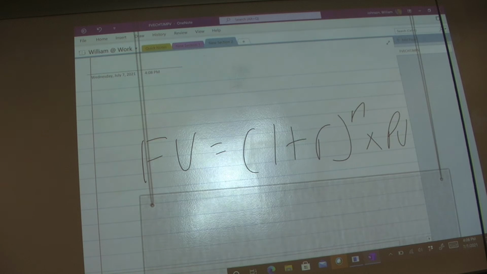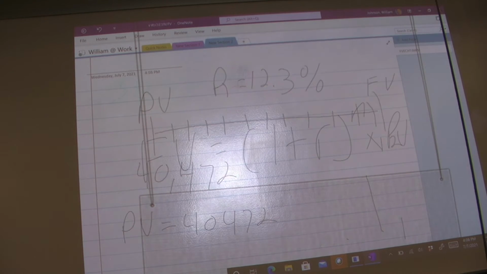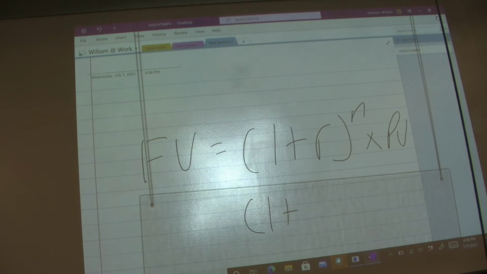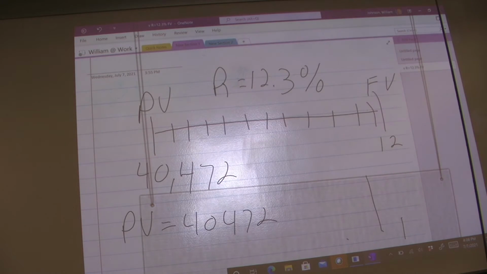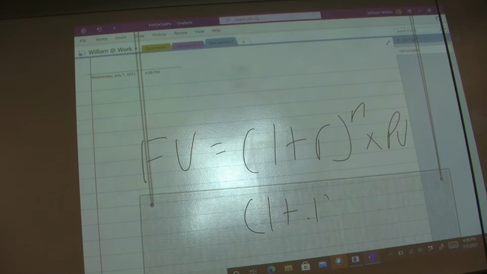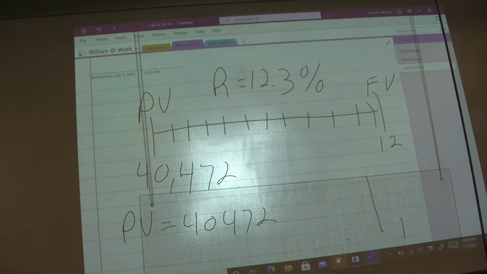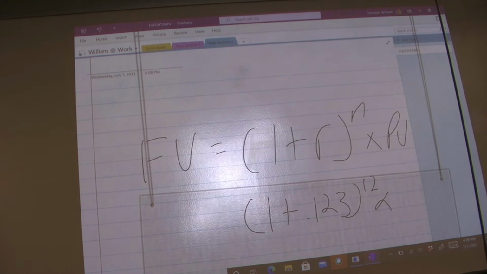So in this case, we go back to what we were given. 1 plus our rate, which was 12.3, so 0.123, to the power of our number of years, which was 12, times our present value, which was 4,472.